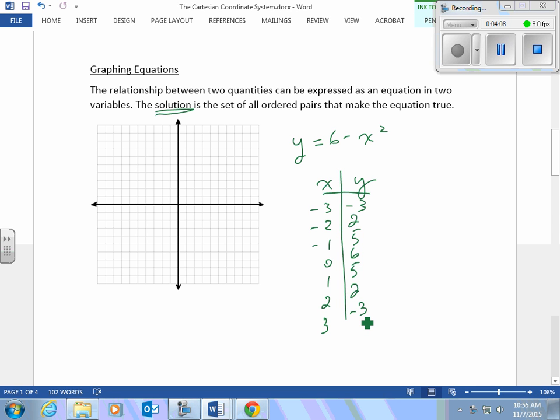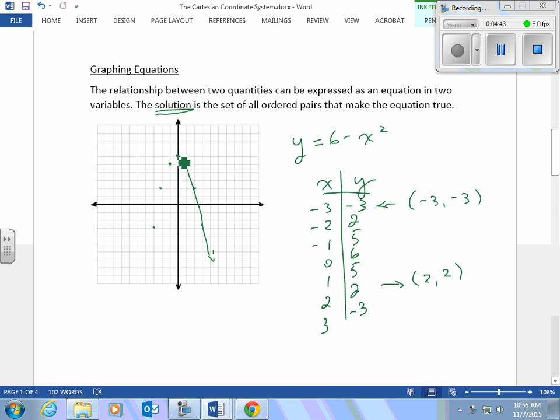I'll fill in the rest of these values and plot these points. This point has coordinates negative 3, negative 3, and this one is the point 2, 2. I'm going to plot those 7 points. Negative 2, positive 2. Because I know it's symmetrical, the last ones are much easier to plot, and because of the nature of this one, I can join it with a curve.